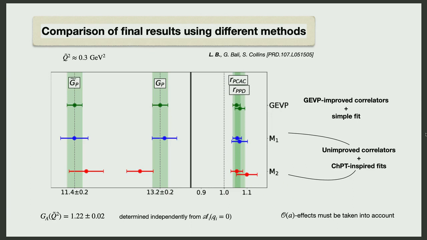And in particular, we compare different methods, and we find consistency between all the different methods. So GEVP improved correlation functions with a simple fit, and unimproved nucleon correlation functions with some ChPT inspired fits. They all give consistent results, and the PCAC and PPD are fulfilled up to some discretization effects.